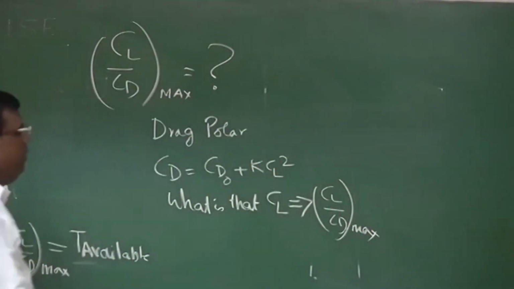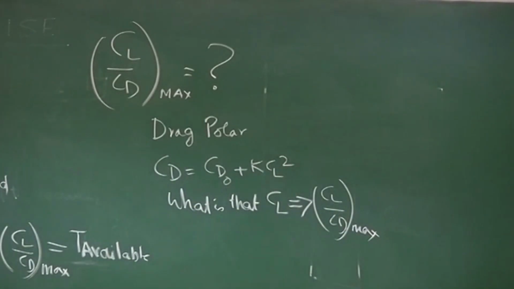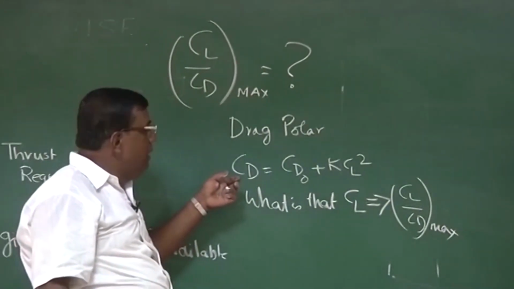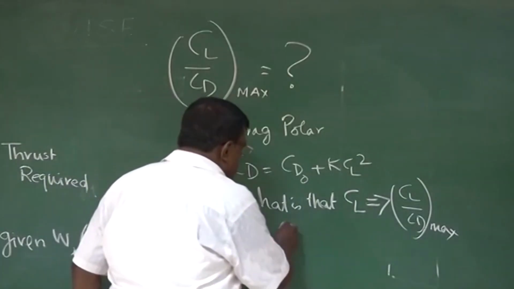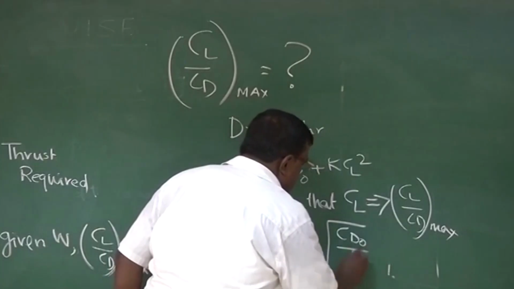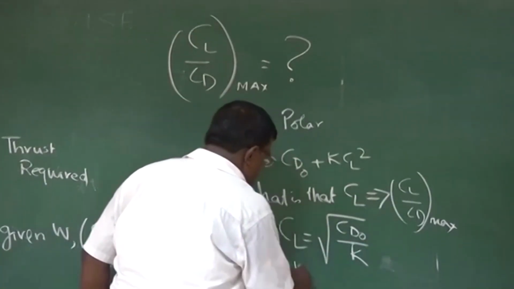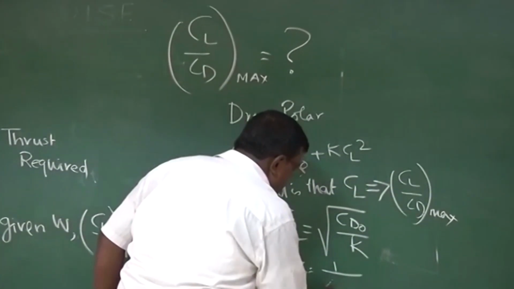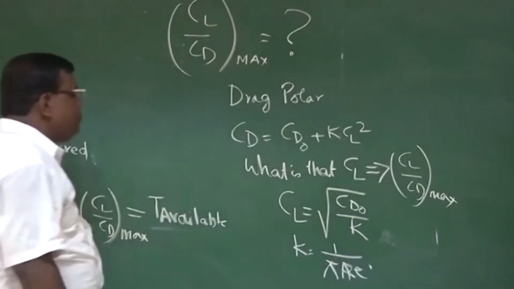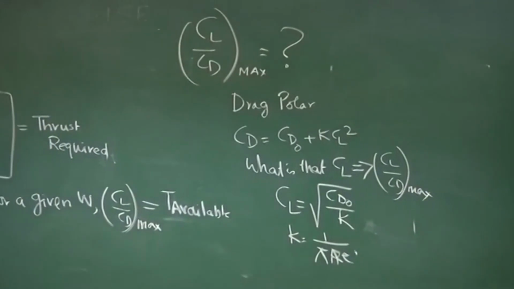Very straightforward. This will be one of your assignment problems. You have to find out the condition through a differentiation, and you can show that the answer is CL should be equal to CD naught by K, where K you know is roughly 1 by pi aspect ratio into E. So what is the message?